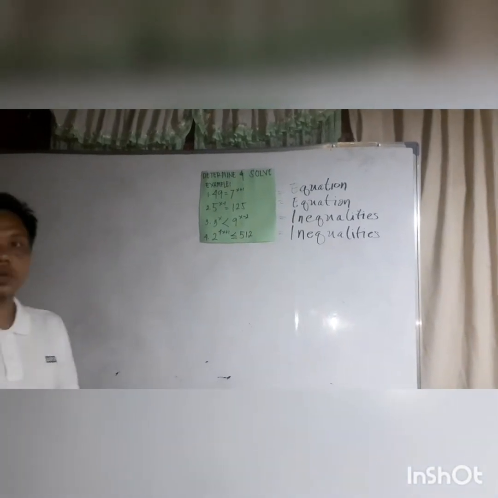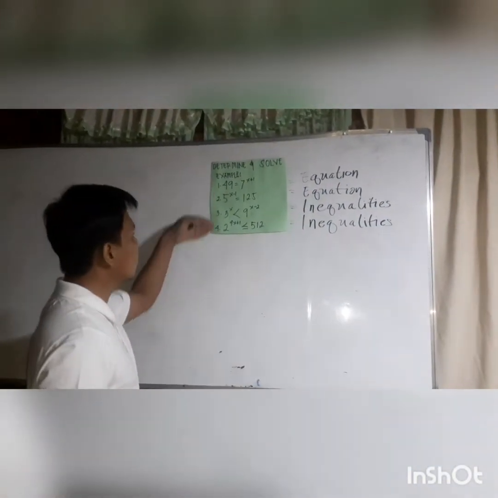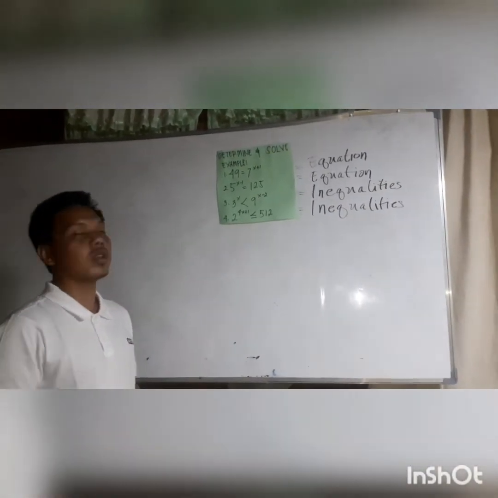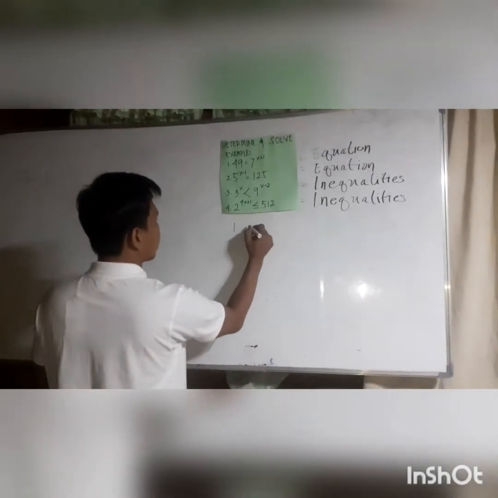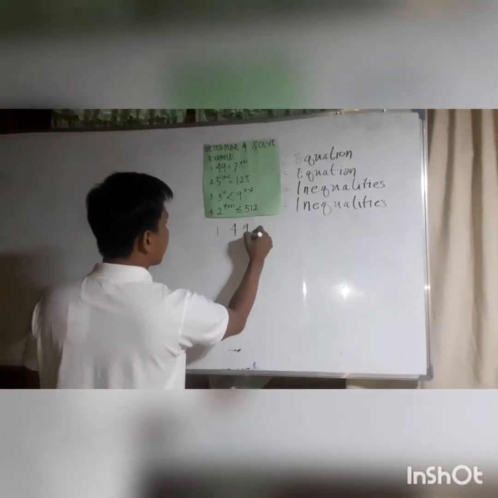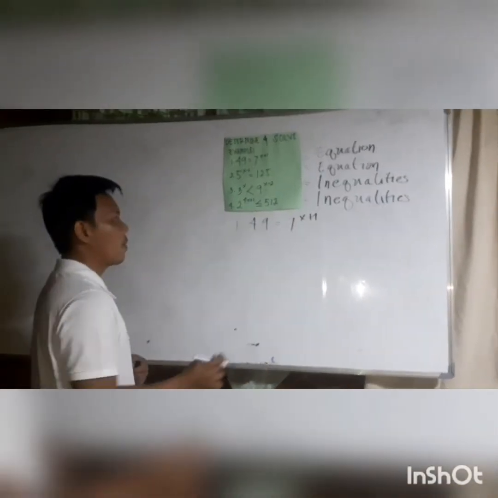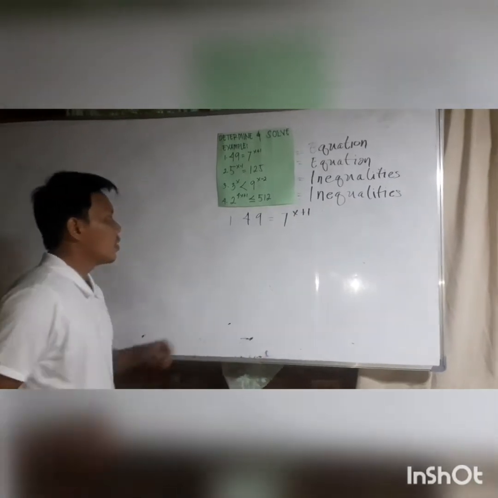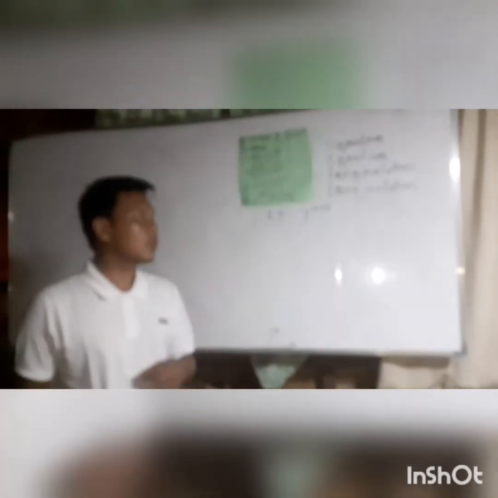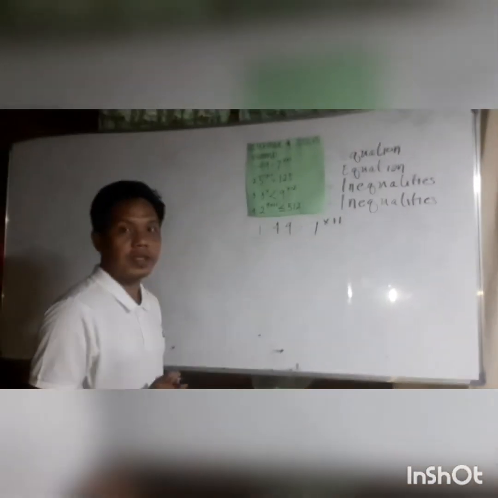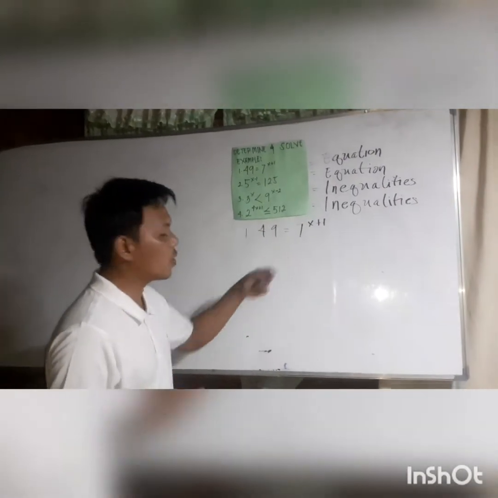So now let's move to how to solve these given exponential equations and inequalities. First, we solve number 1, which is 49 equal to 7 to the x plus 1. How do we solve these given exponential equations? First, we look at the base, which is not equal.